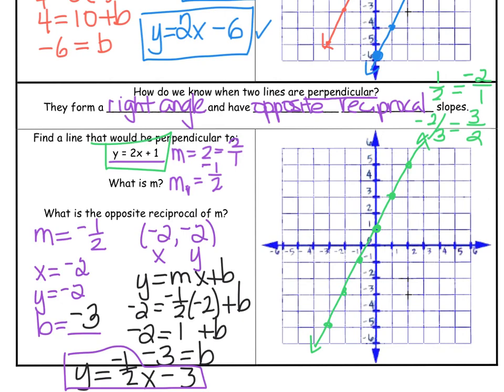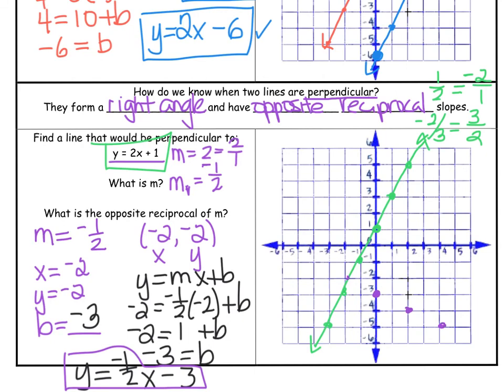Now I want to graph y equals negative 1/2 x minus 3. My y-intercept is negative 3. The slope is negative, so it's down 1 and to the right 2, down 1 and to the right 2. I can go in the opposite direction.